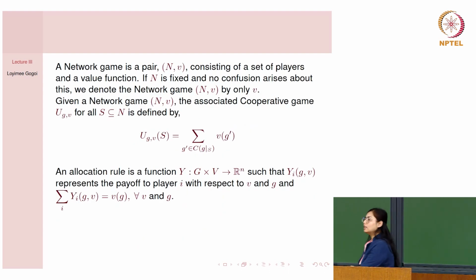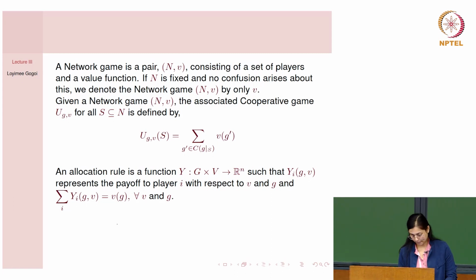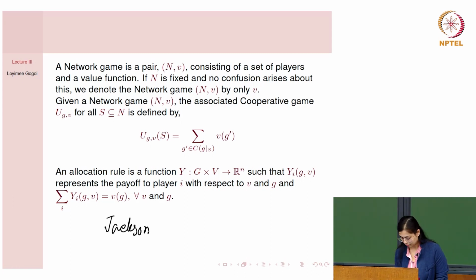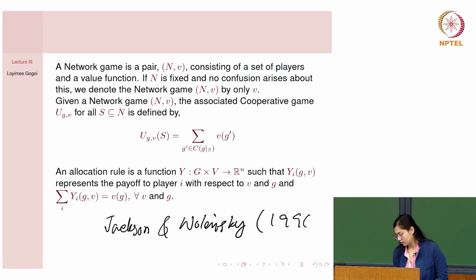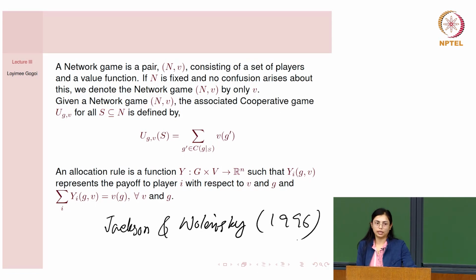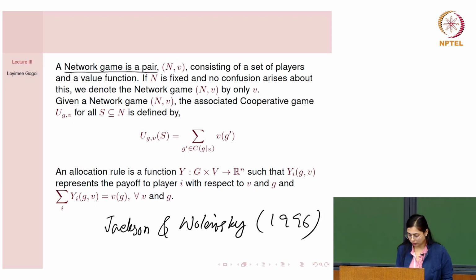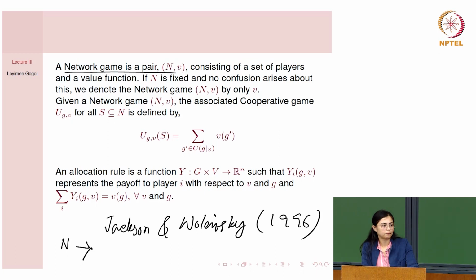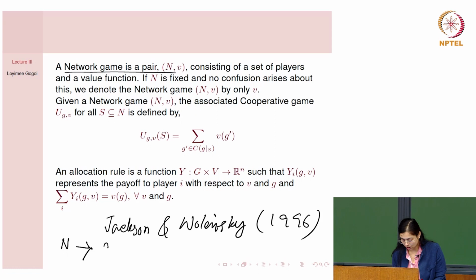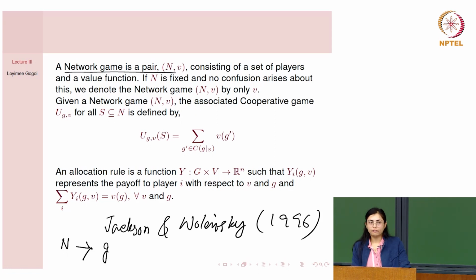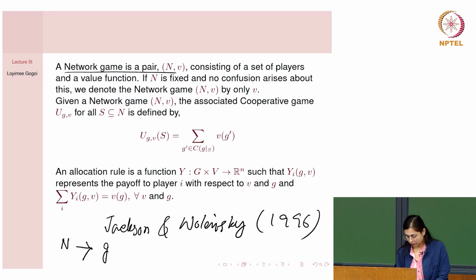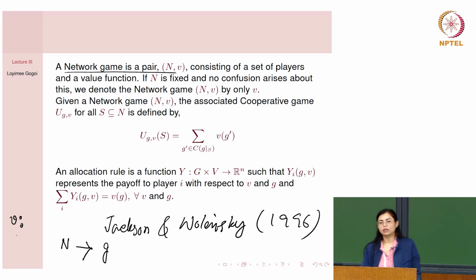Okay, so then Jackson and Wolinsky, this is the article where Wolinsky first introduced the idea of network games. In a network game, we have players and somehow they are connected. There is some network connection among these players, and the value that we define depends on the network structure, how these players are connected.